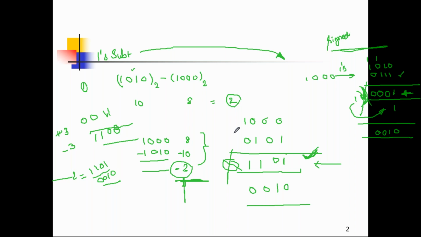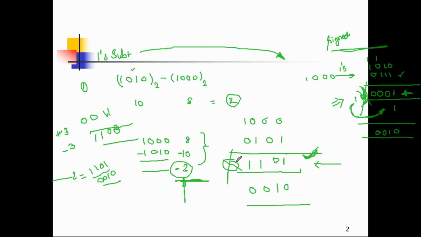Here, is there an end carry or not? That is another important thing. If an end carry is set in one's complement, that carry should be added to the result of the process. Like this, finally we get the result.